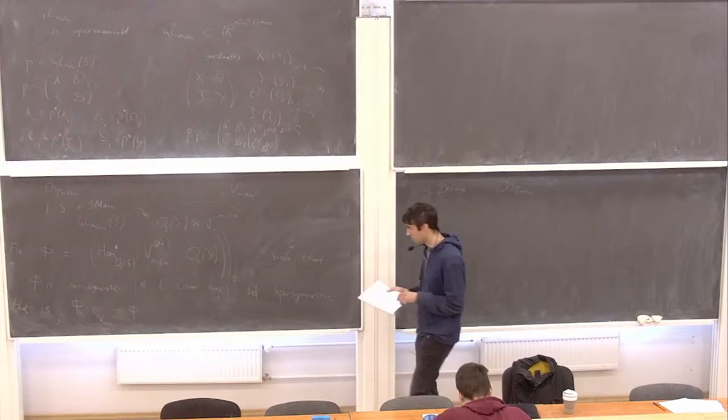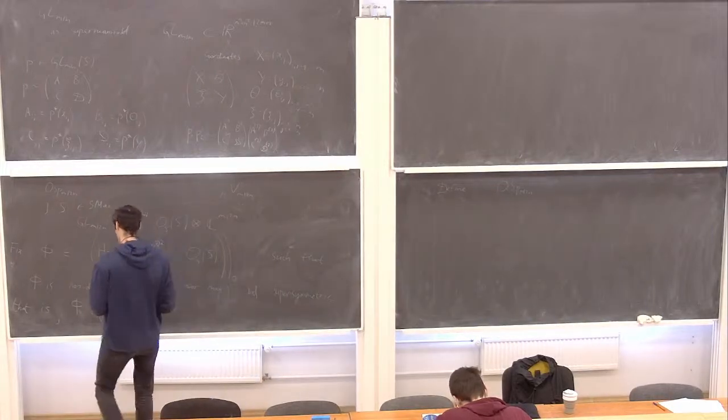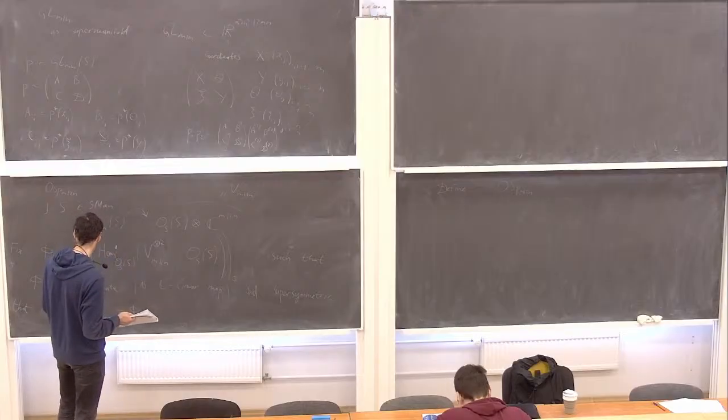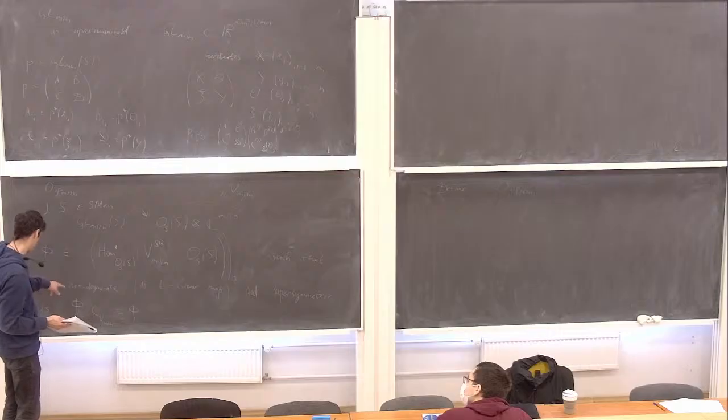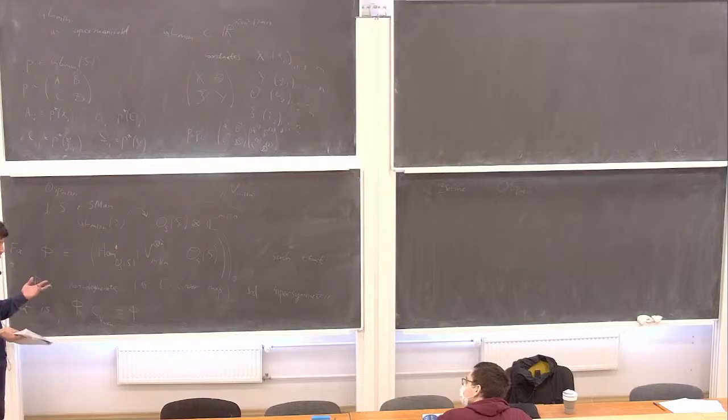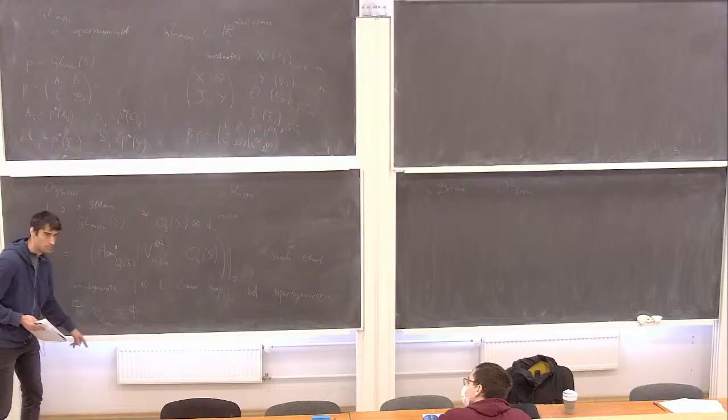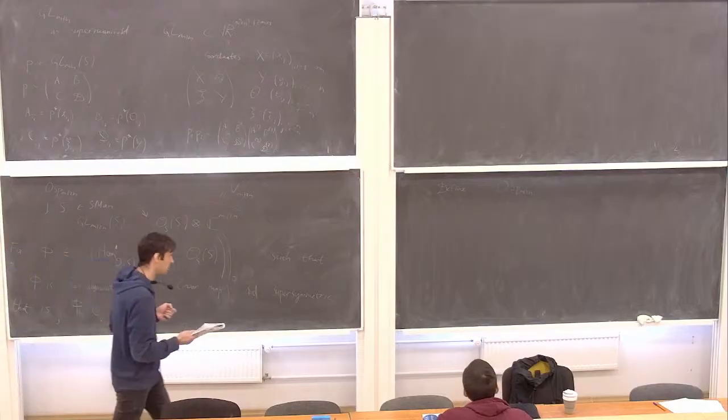I just want to remark that already at this point, since I require phi to be non-degenerate supersymmetric, it means it is anti-symmetric and non-degenerate in the usual sense on the odd part. Therefore, I have to take 2n here. So that's why I have 2n.